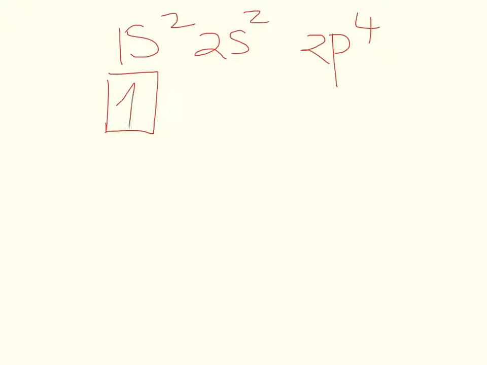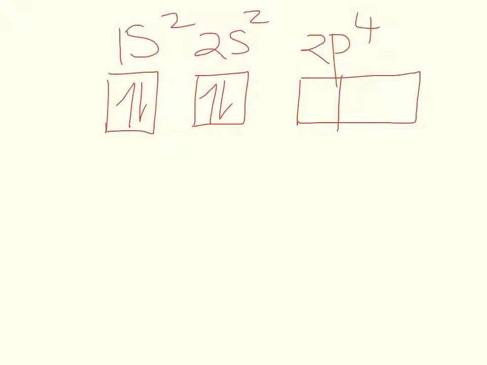So if we had a configuration, for example, 1s2, 2s2, 2p4, which is the configuration for oxygen, and you were to represent this as boxes: 2s with 2 electrons, and 2p represented as a combination of 3.